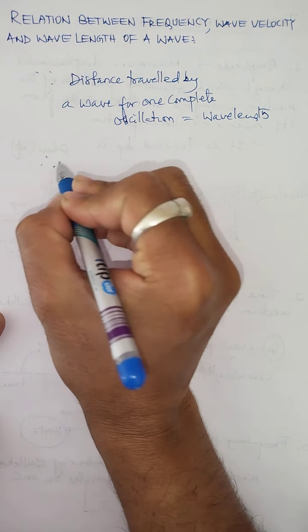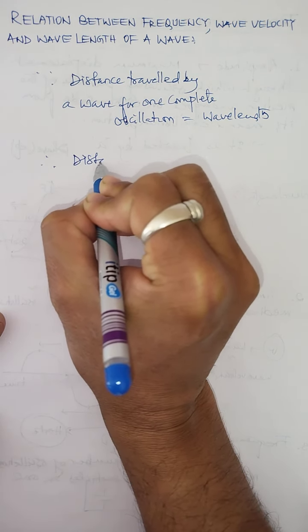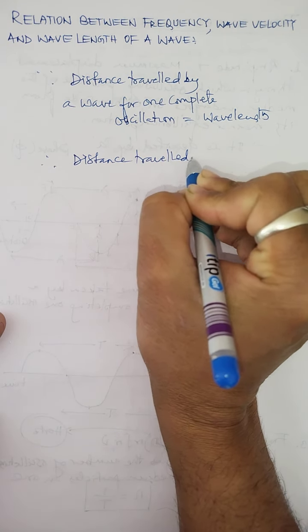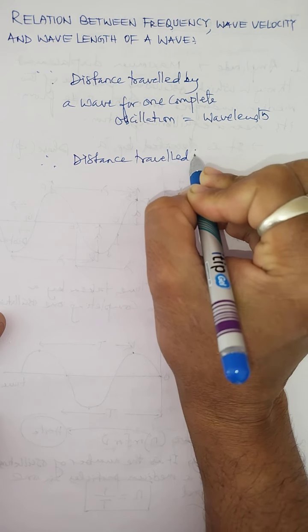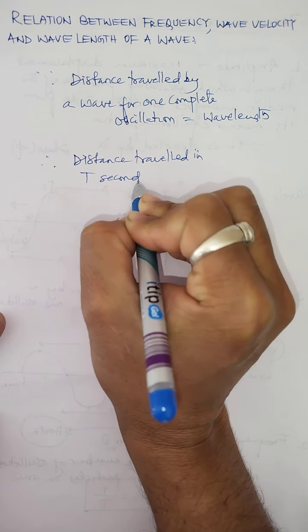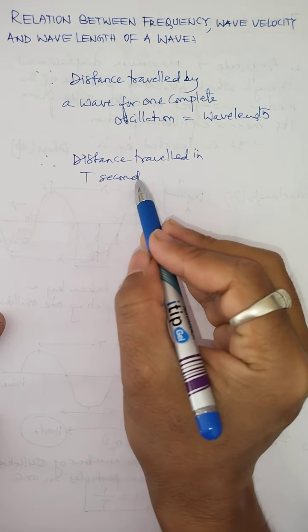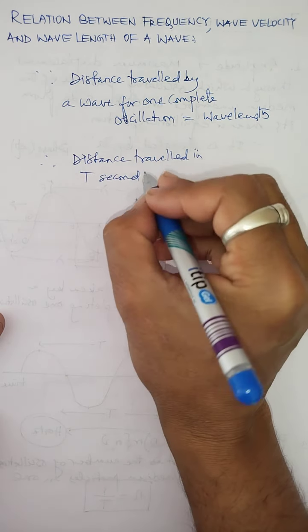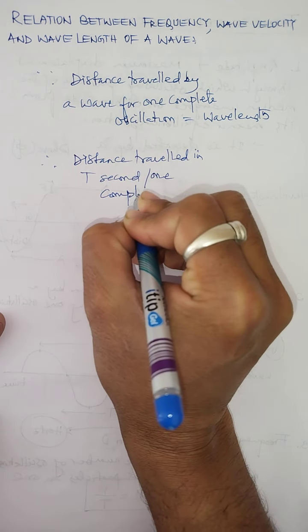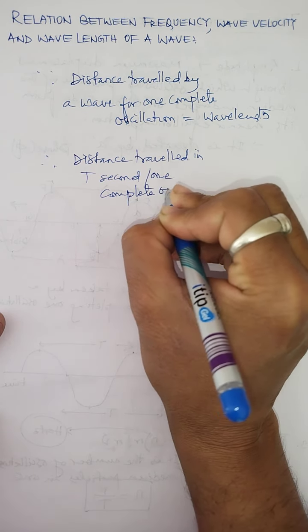Therefore, distance traveled in T second, where T is the symbol for time period. T second means for one complete oscillation.